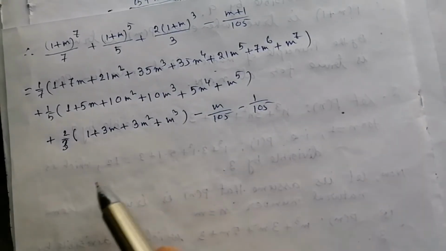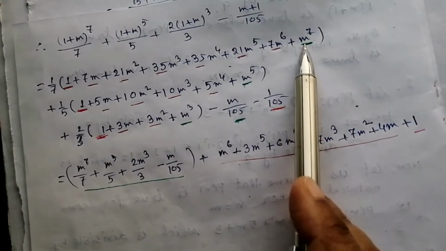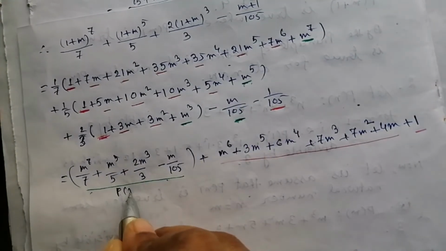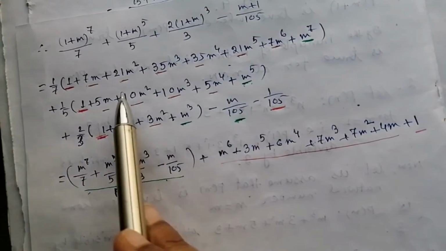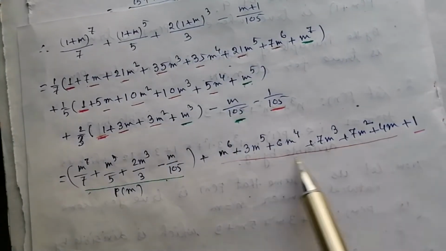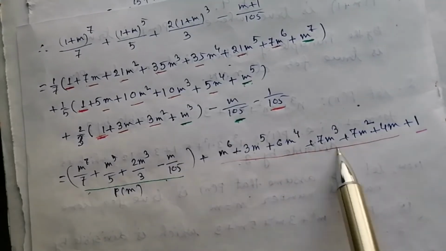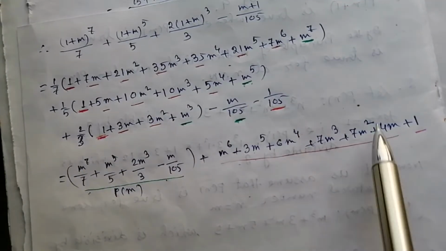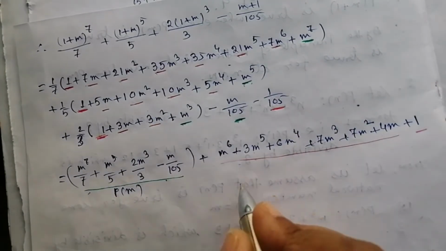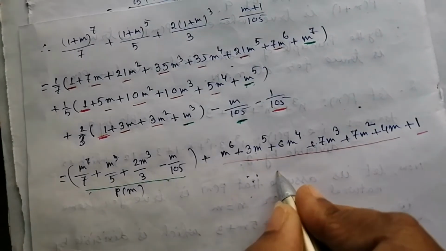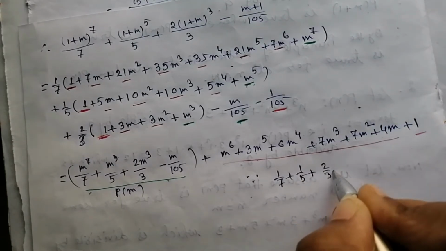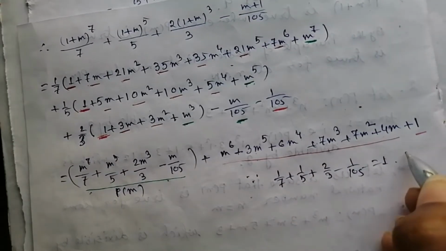Now we have to calculate in two more steps. These plus these plus these plus these, that is Pm, and the red colors are adding, the result is this, and the pink color terms are adding, we get this, because 1 by 7 plus 1 by 5 plus 2 by 3 minus 1 by 105 equal to 1.